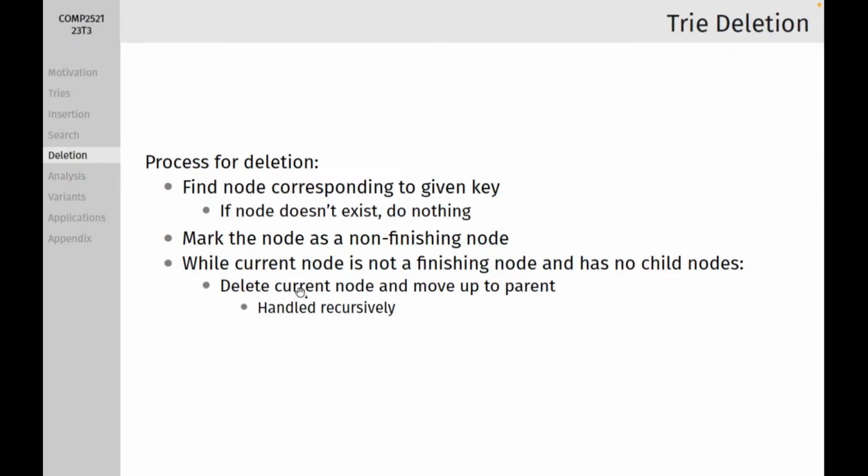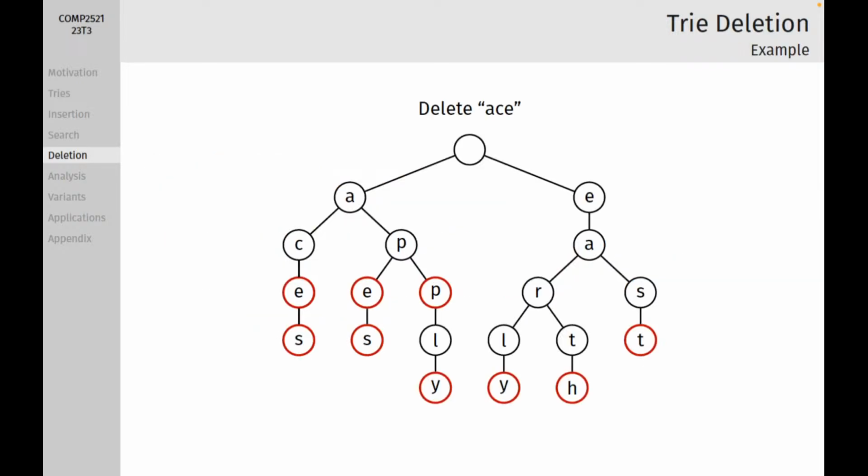Okay, and this part is handled recursively, because the nodes in our trie don't have pointers to their parents. Right, so we handle this cleaning up part recursively. Okay, so here are some examples of deleting from a trie. Suppose we want to delete the word ace, right?